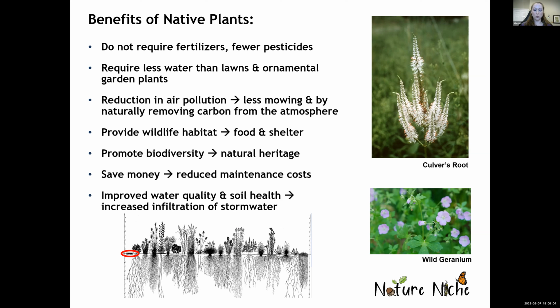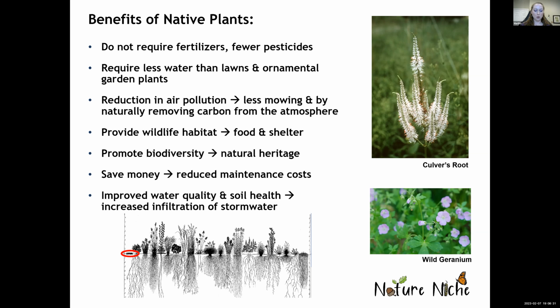They require less water than lawns and traditional ornamental gardens. They help reduce air pollution by having less lawn and mowing less, and by naturally removing carbon from the atmosphere through photosynthesis. So here's something easy and positive you can do to help address climate change: use native plants.